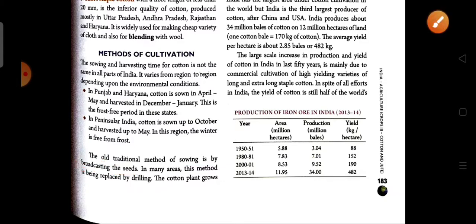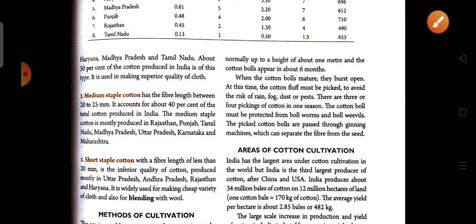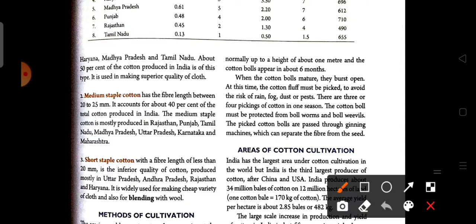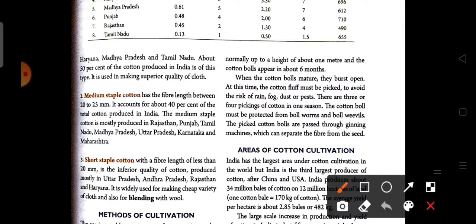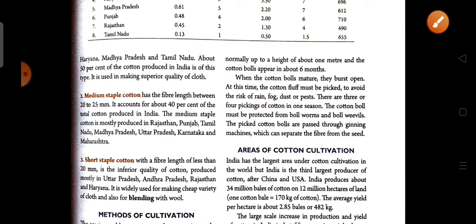The cotton plant normally grows up to a height of about 1 meter, and the cotton bolls appear in about 6 months.